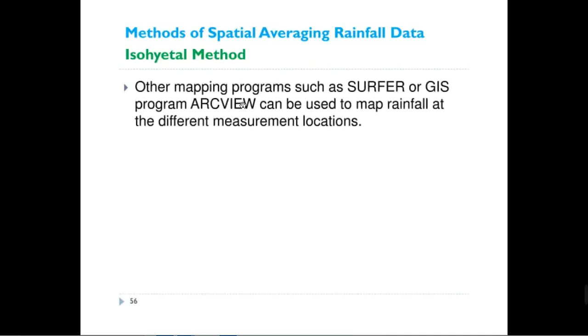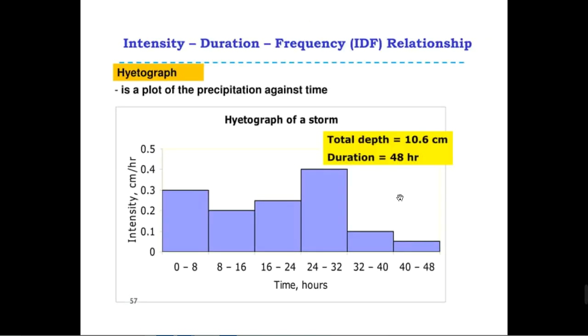For the isohyetal method, other mapping programs such as Surfer, GIS, and ArcView can be used to map rainfall at the different measurement locations. This is the hyetograph, rainfall intensity versus time, the total depth, for the storm.